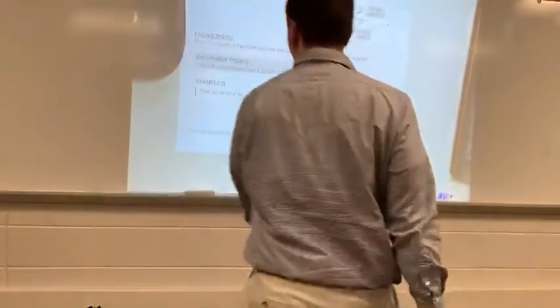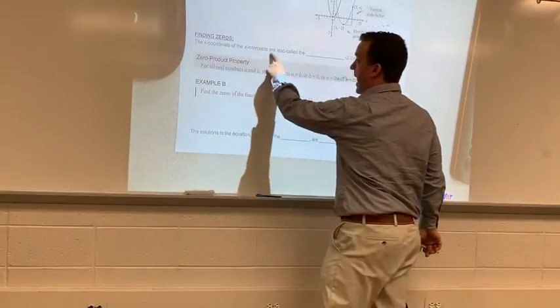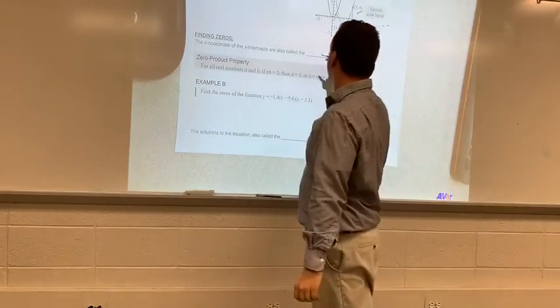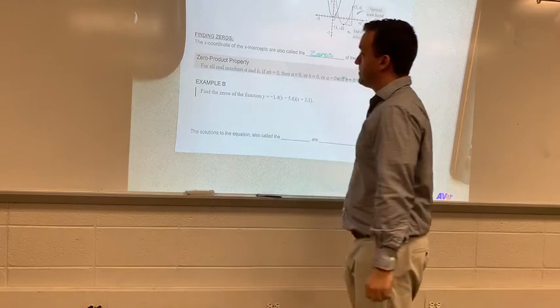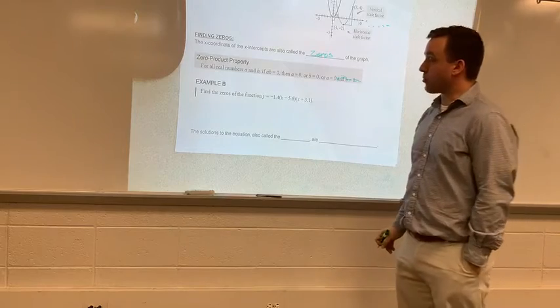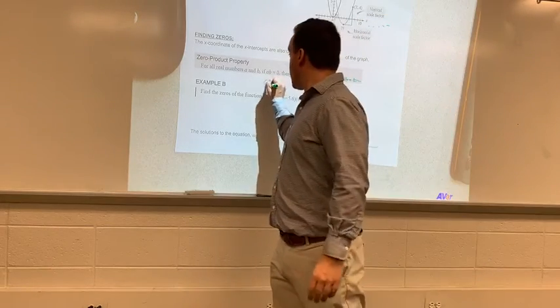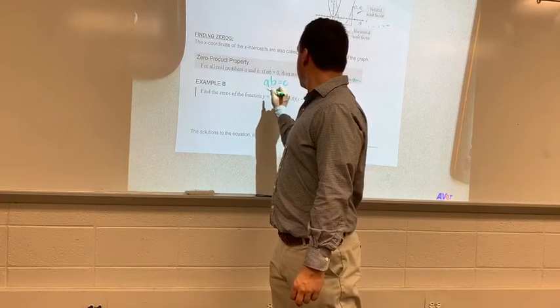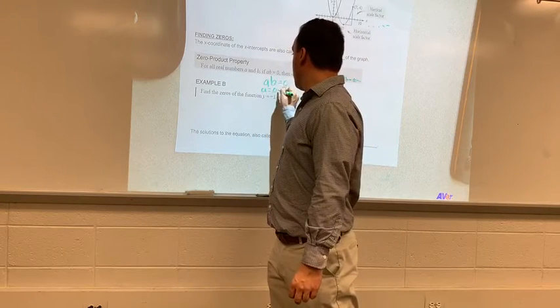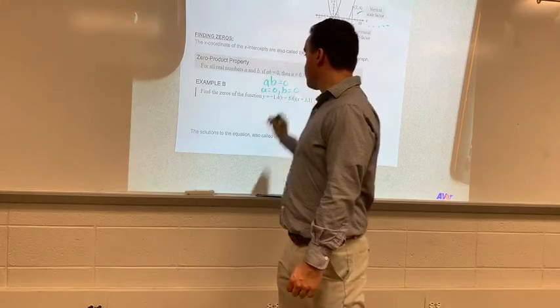So now we look, the x-coordinates of the x-intercepts are also called the zeros of the graph. And we're going to look at the zero product property, which just says if a times b equals 0, then either a equals 0 or b equals 0.